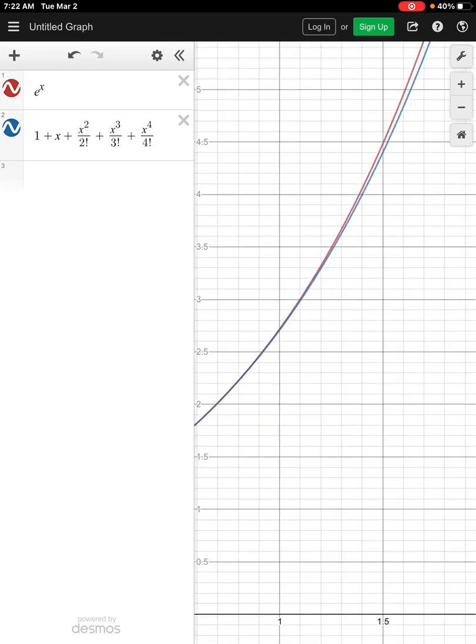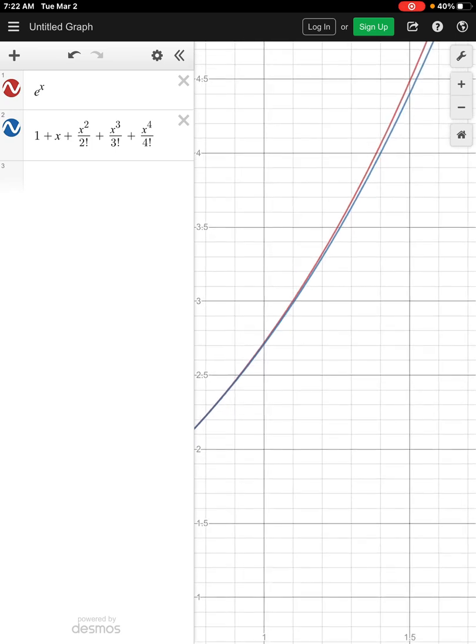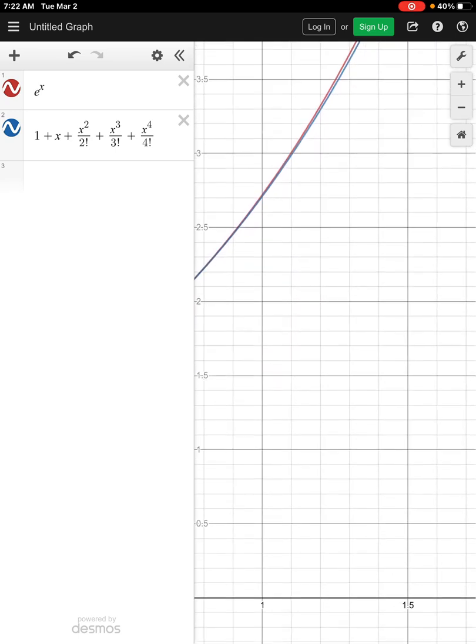I can go a little past +1, I think, on this one. It looks like a pretty good fit up until about 1.25 or so. 1.1. So I would say the interval of convergence for this fourth degree is -1 to positive 1.1. You could talk me into 1.2, but 1.1 feels pretty good.